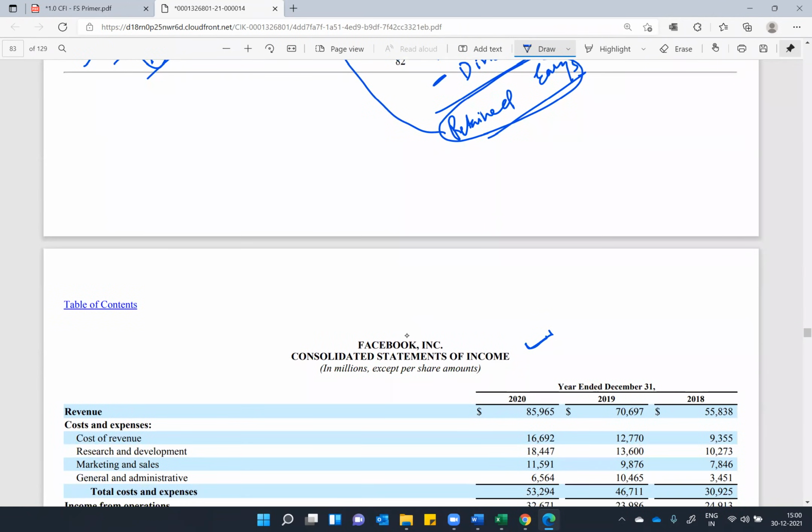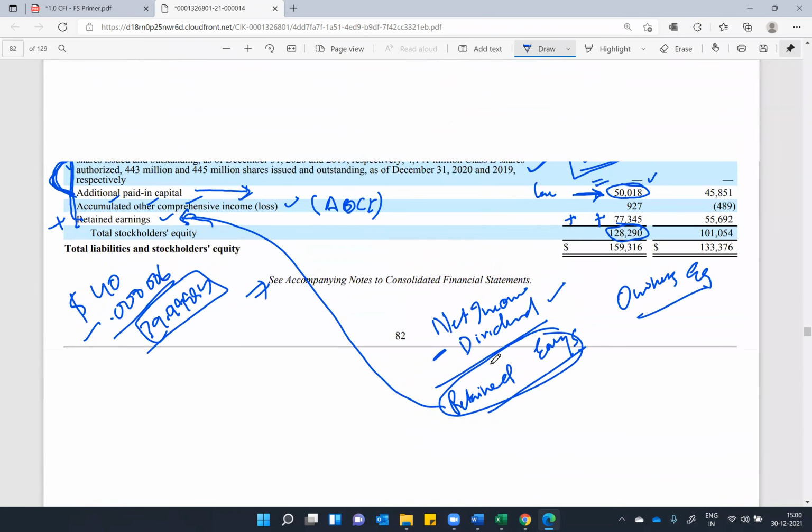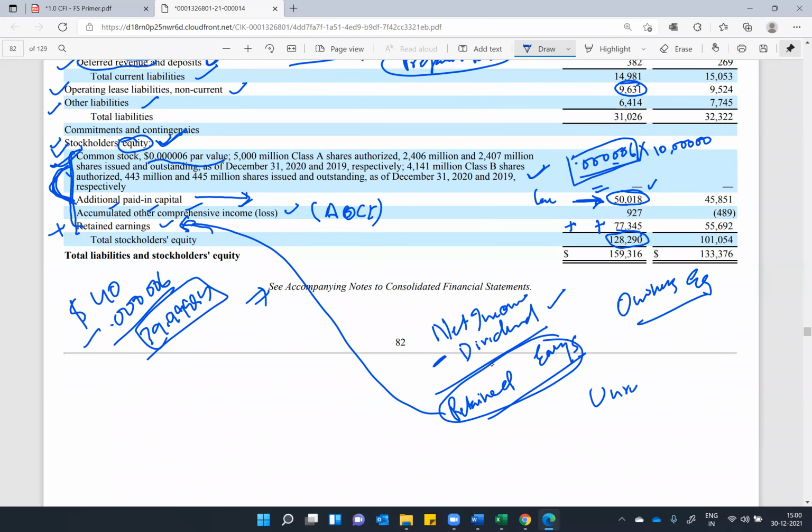There is some profit which cannot be part of a statement of income, like maybe unrealized gain and loss from available for sale securities. You don't have to worry about such a small topic. You just need to be aware that there are some unrealized gains and losses which come from your equity securities.